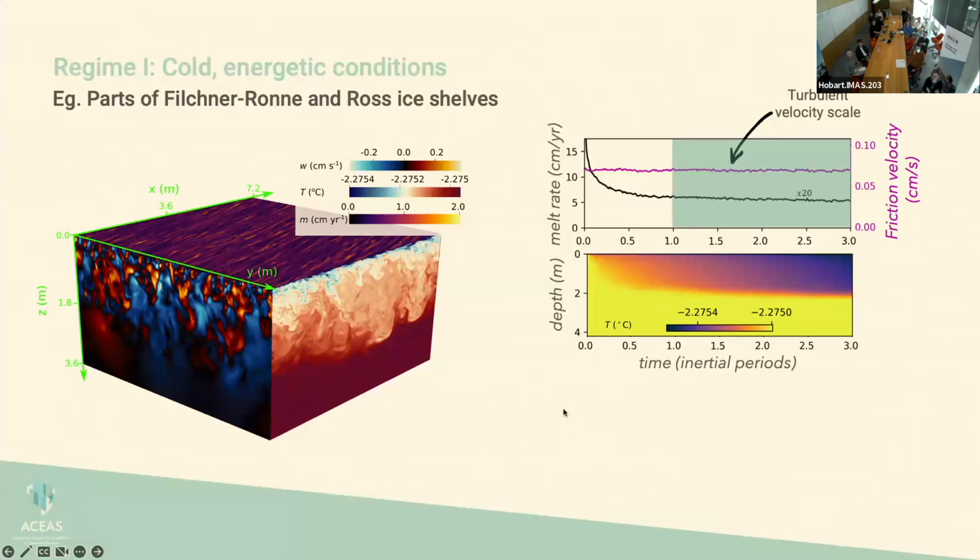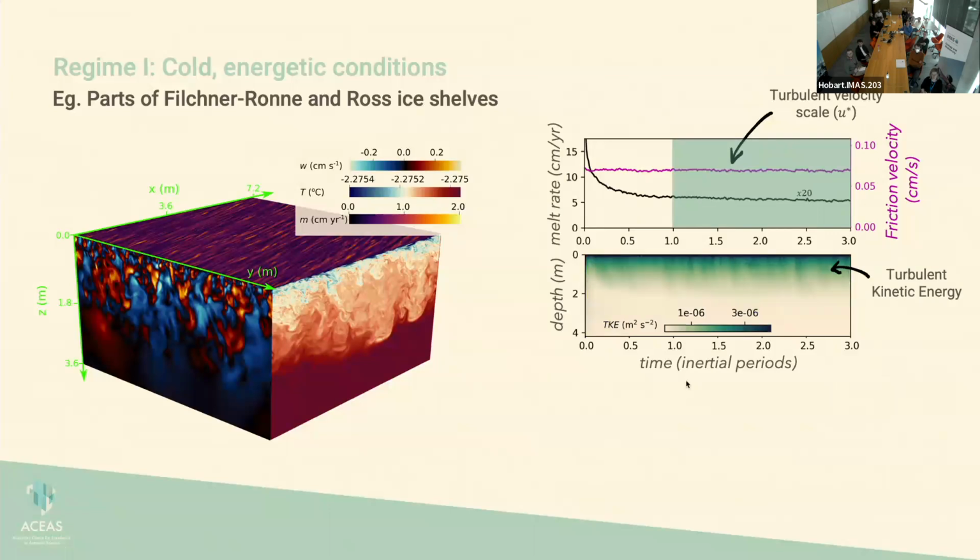We initially form this mixed layer, and then over time it's gradually deepening, and it's also gradually cooling and freshening, in response to the fact that we're adding meltwater. So our melt rate is decreasing over time, but that's just in response to the mixed layer being a little bit cooler.